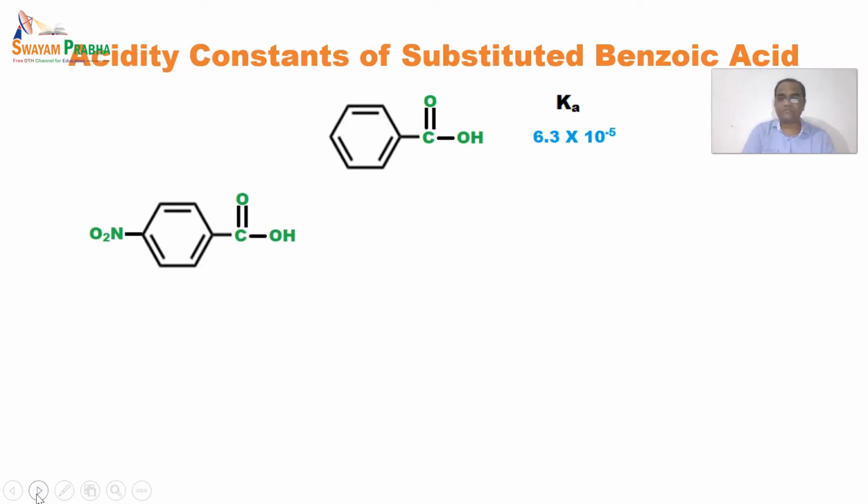Now with substituted benzoic acids having electron withdrawing substituents at the para position, that is nitro, para-nitrobenzoic acid has 36 × 10^-5. Clearly it can be seen that due to the electron withdrawing effect of the nitro group, the value of K has increased. So it has more strength than benzoic acid.